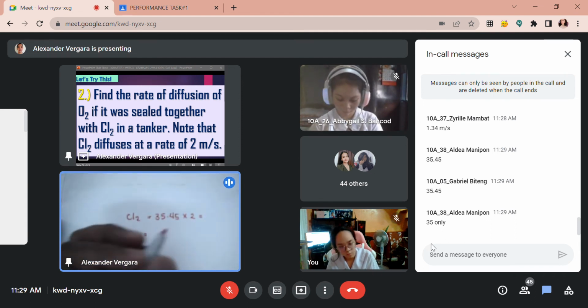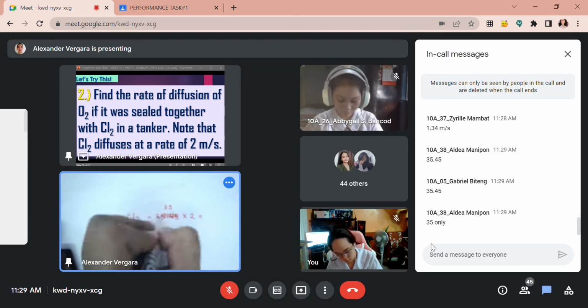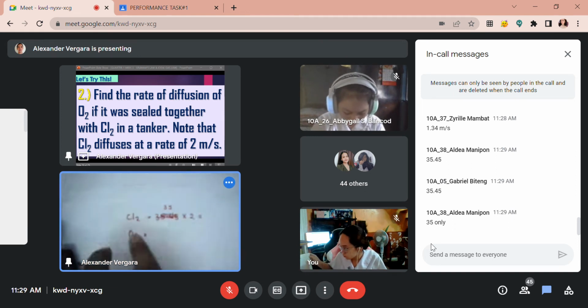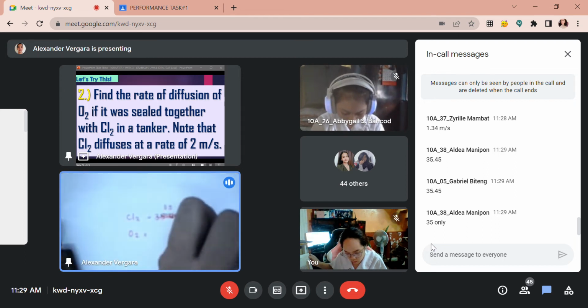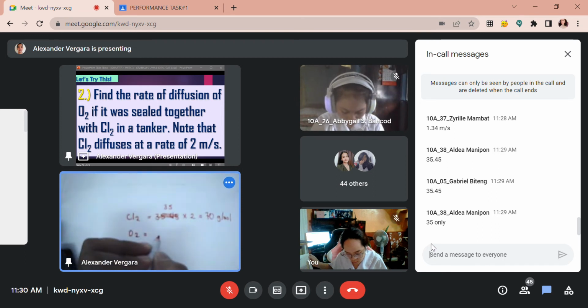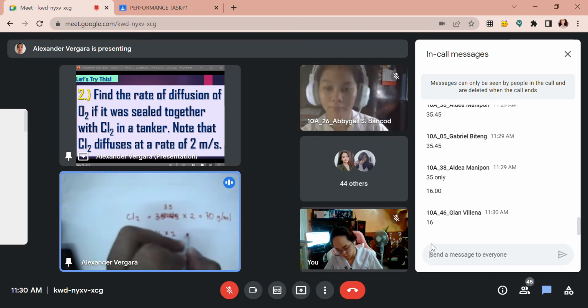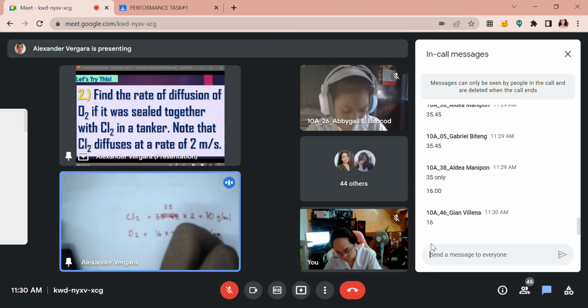Okay, so let us use 35. You just use the whole number, guys. So 35 times 2, that will be how many? 70. Okay. Then what is the atomic mass of oxygen gas? We have 16. 16 times 2, that is equivalent to 32 grams per mole.